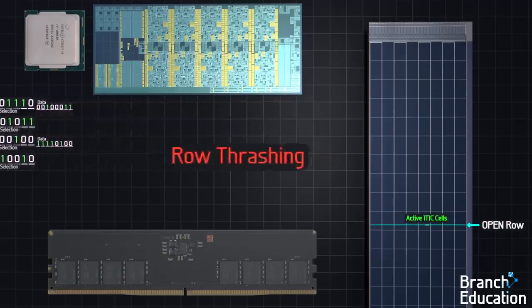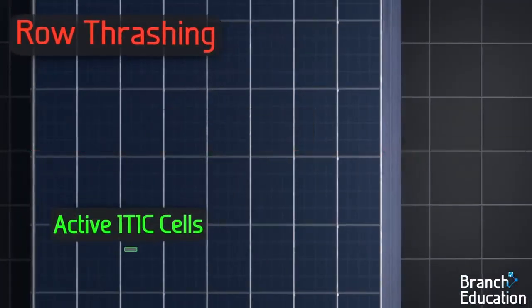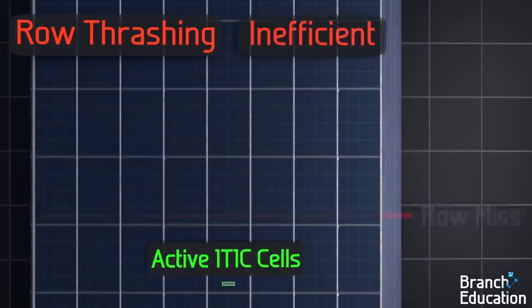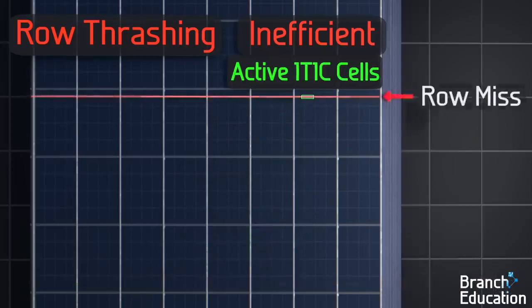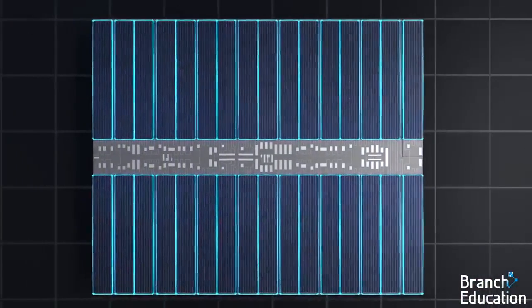The opposite, called thrashing, is when a program jumps around from one row to a different row over and over, and is obviously incredibly inefficient, both in terms of energy and time. Additionally, DDR5 DRAM has 32 banks for this reason.